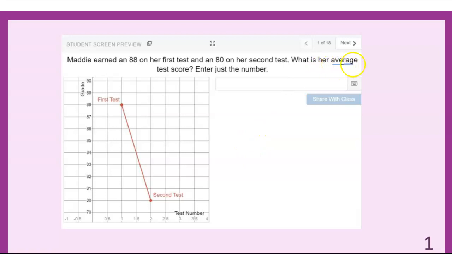Well, an average is a way that we find a middle of a set of numbers. This is also sometimes called the mean or the arithmetic mean. So if we visualize this as a line, it makes sense that it's going to be the middle of that line. So we have the same distance on this side as on this side.